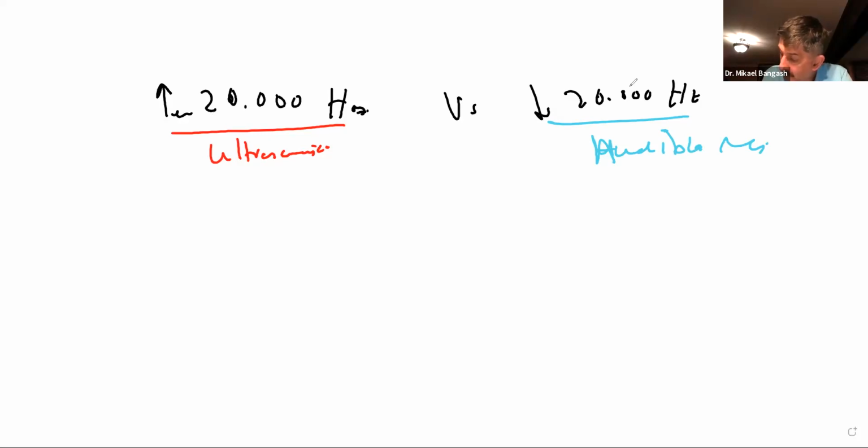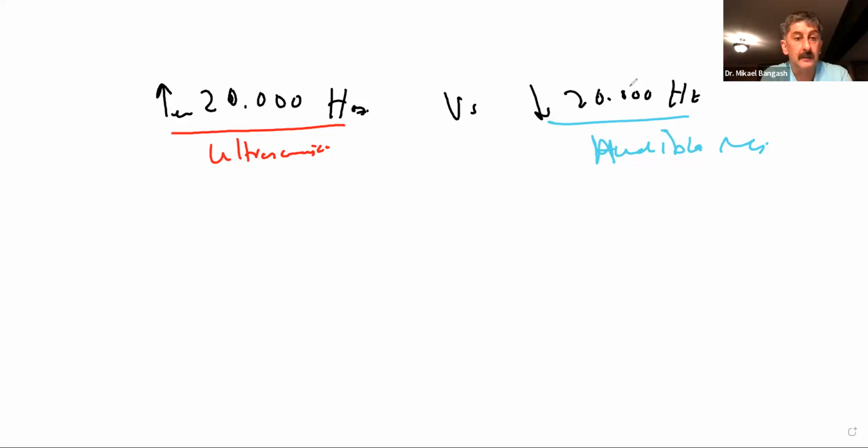Now, do they travel more effectively in soft tissue? No. Both of them can travel in soft tissues. Do they travel more rapidly? No, because that's all determined by the medium.